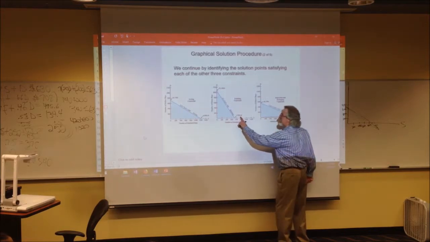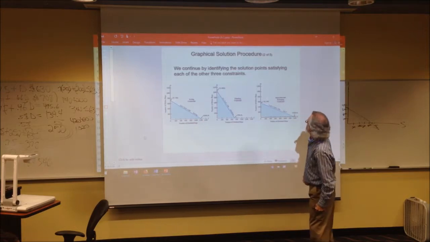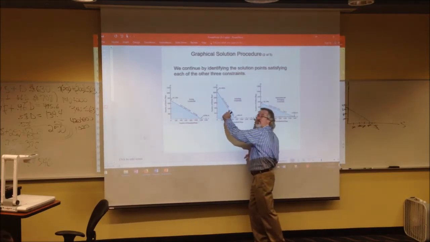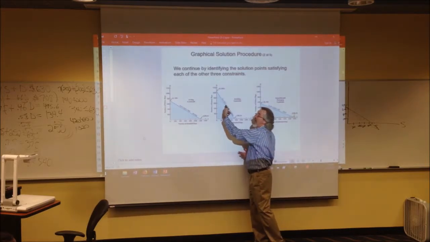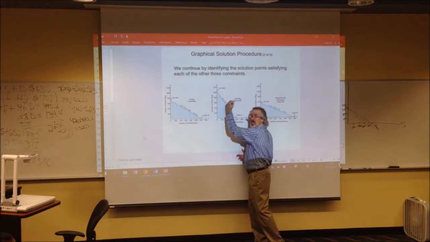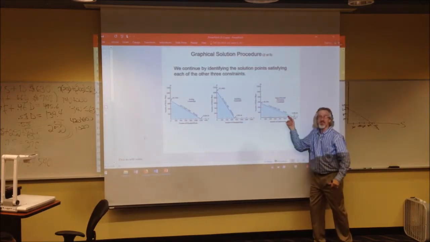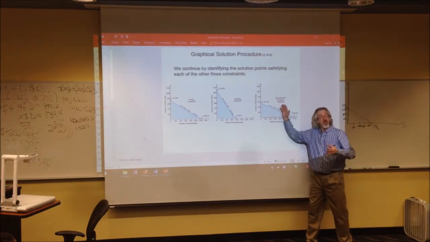Put a 0 in for D, we got 768 maybe. Connect the two dots, here's the equation, pick any spot, 200, 200 again, plug it in, it's less than, that's the shading. Same with the fourth constraint. Here's the two dots, we connect them, pick a spot on either side, figure out which way to shade.